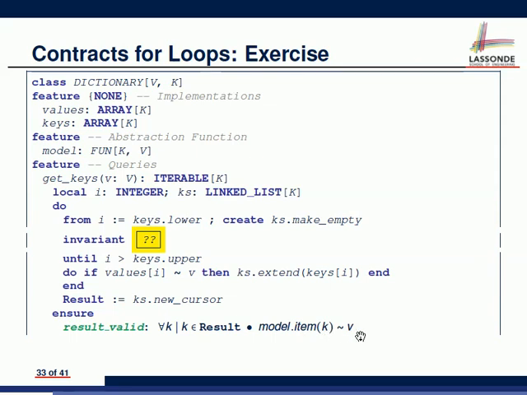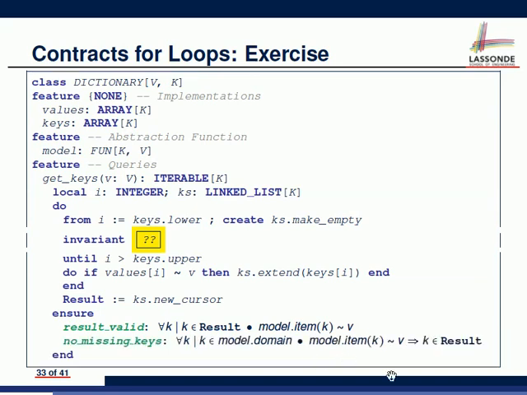Let's go the other way. For every key in the model that has the associated value V, it must be included in the result. However, to really translate the no missing keys into a cross syntax, it takes a little trick. That's something I'll leave to you to figure out.